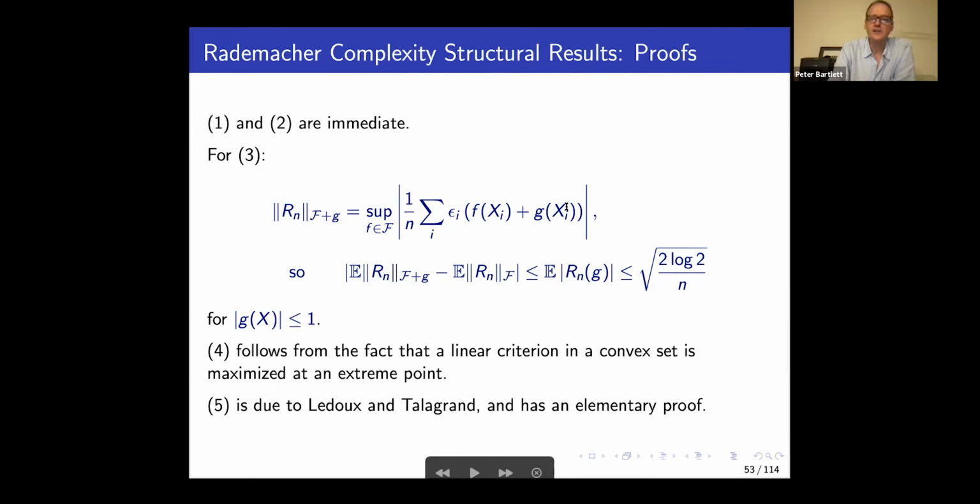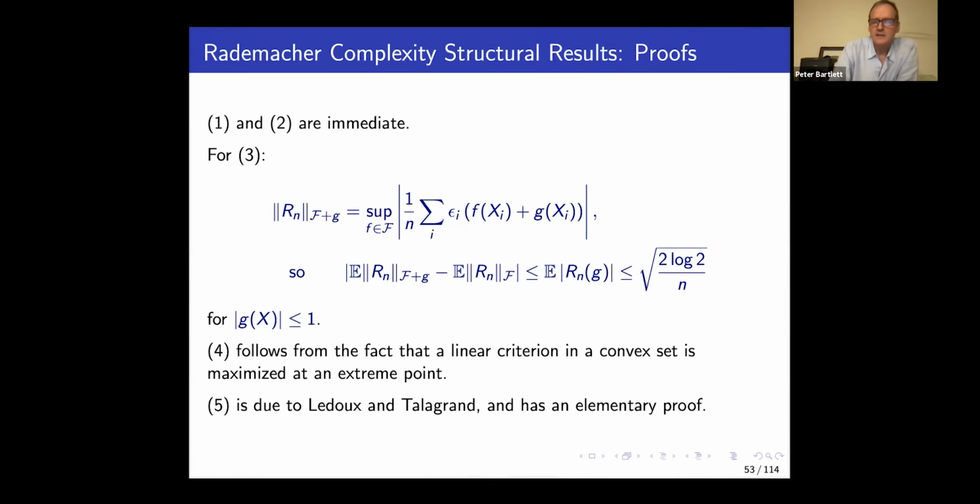This piece is just a fixed function that has a certain scale, bounded by 1, and we're plugging it in, looking at its alignment with epsilon i. That's no more than the absolute value of this sum times the scale of the g, which gives us the 1 over root n convergence in that case.